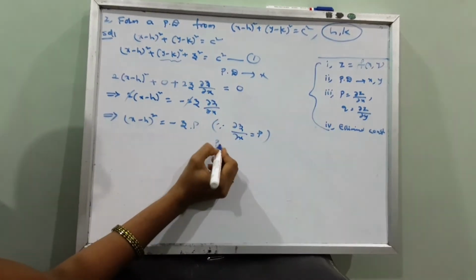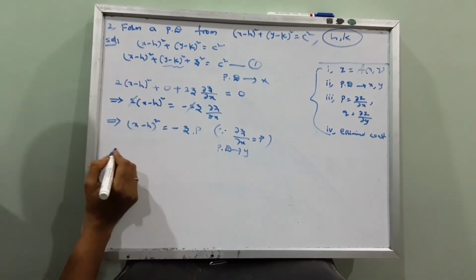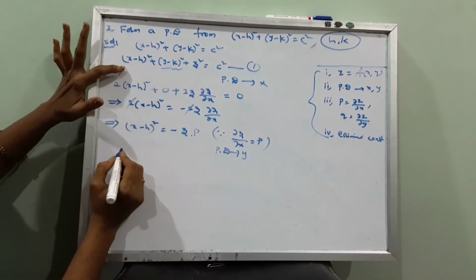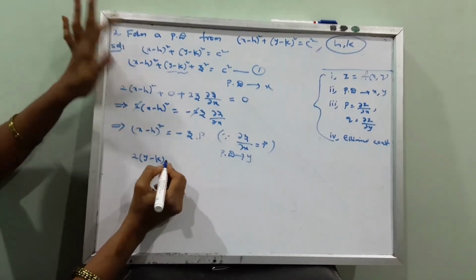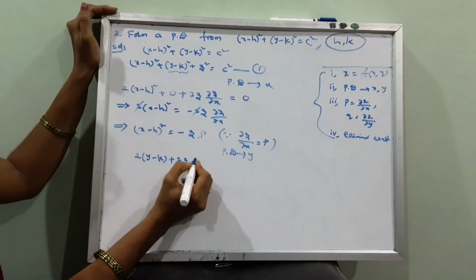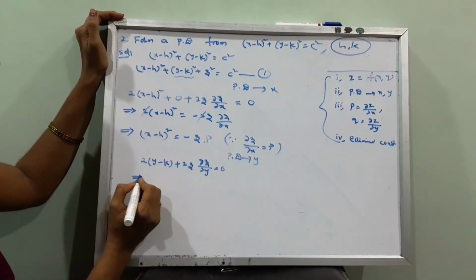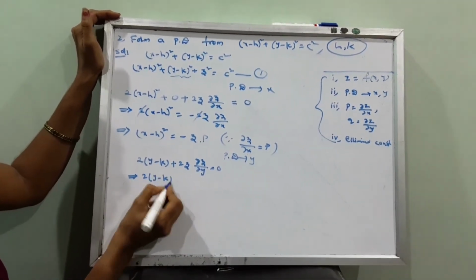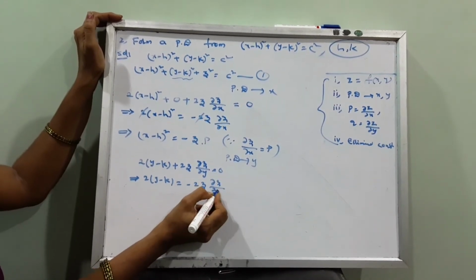Now partially differentiating with respect to y. The x minus h term is 0, so 2 into y minus k plus 2z into dou z by dou y is equal to 0. This implies 2 into y minus k is equal to minus 2z into dou z by dou y.